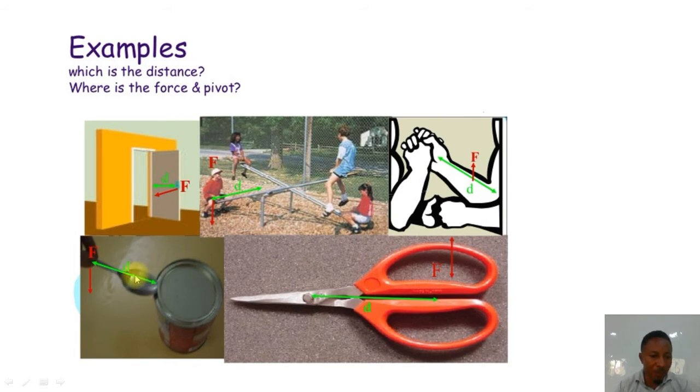Now when you apply a downward force, there is this counterclockwise moment or anti-clockwise moment that is formed, an anti-clockwise turning effect that is created. Can you see it? Notice the direction of the arrow, anti-clockwise turning effect. And many more examples like this.